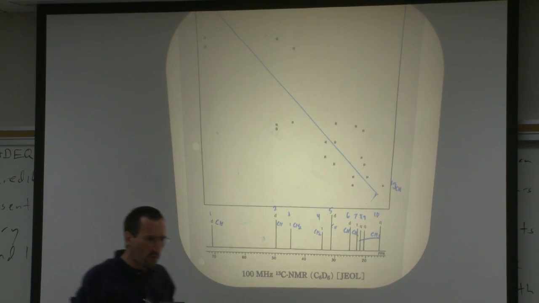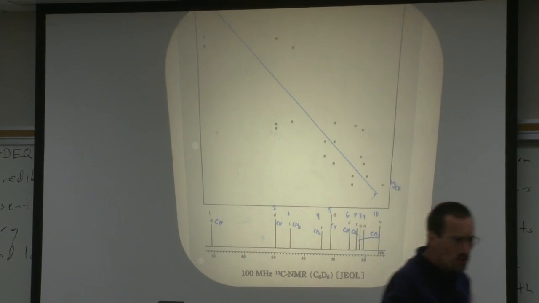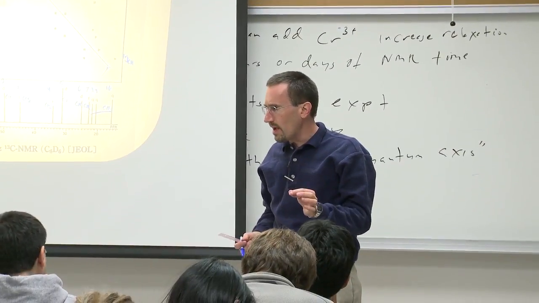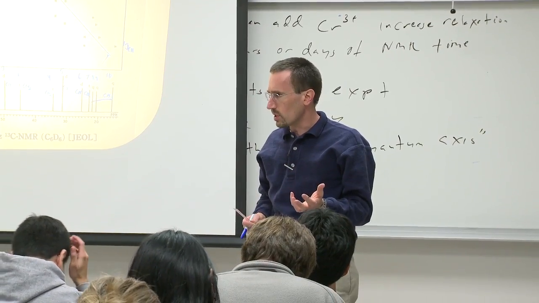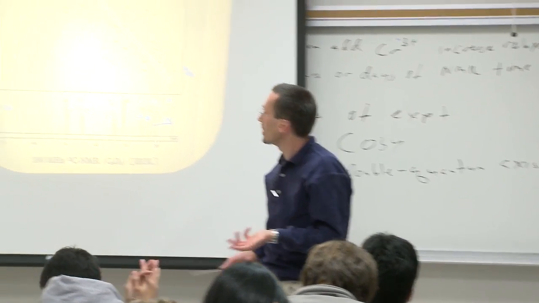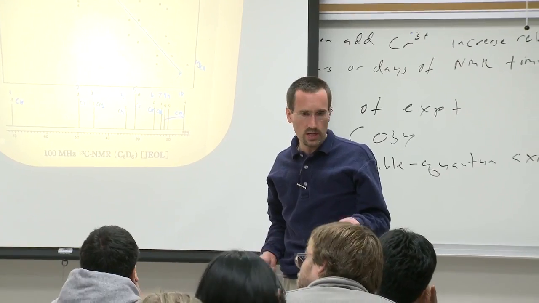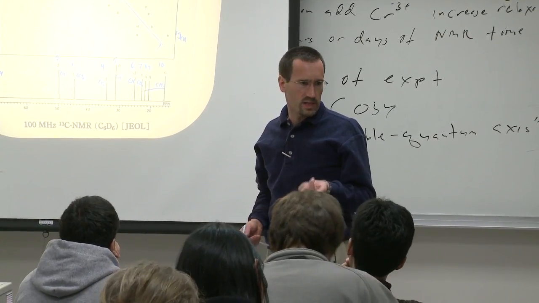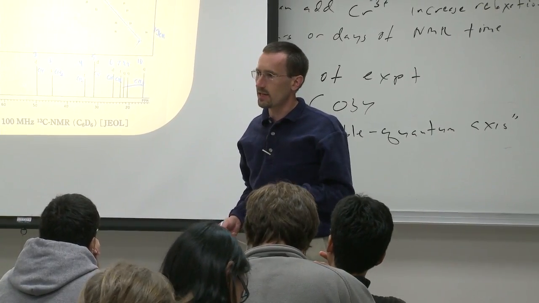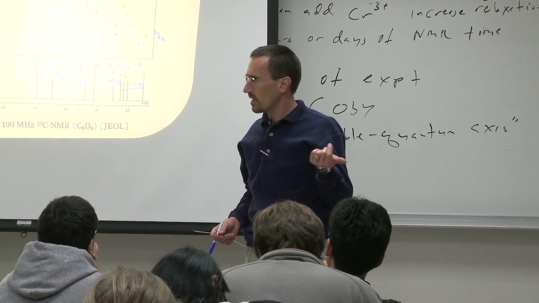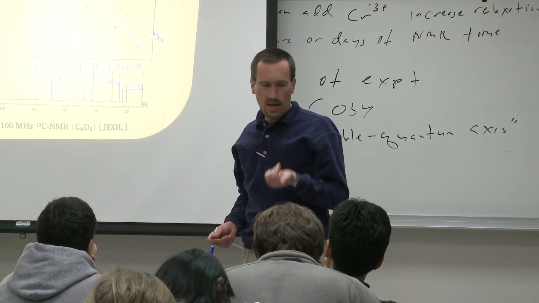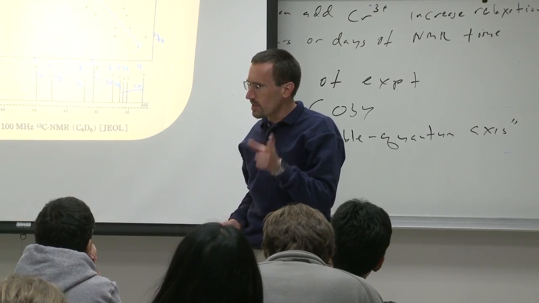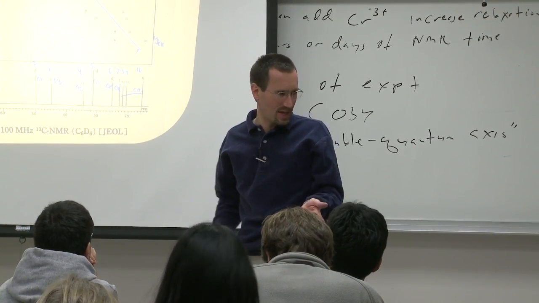This is really important because in INADEQUATE, you're pushing the signal to noise level, which means you will most likely have noise in your spectrum. This is a 10-carbon compound in a demonstration experiment, so there isn't a lot of signal to noise in it. But if you're doing this technique, you're basically going to be sitting on the spectrometer, running an overnight block, coming in the morning, maybe doing this on a weekend, hoping when you Fourier transform and process your data that you can get off the machine.